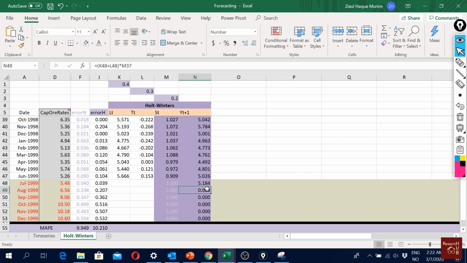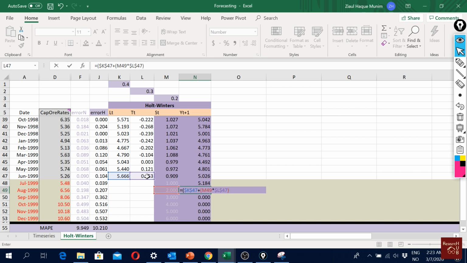Now for the forecast here, let's say I just remove the equation from here. I will use LT and I fix it, F4. So I fix the value of LT. LT plus we will have the forecast horizon multiplied with the trend value, and I fix it again because this is the last trend that I could have.